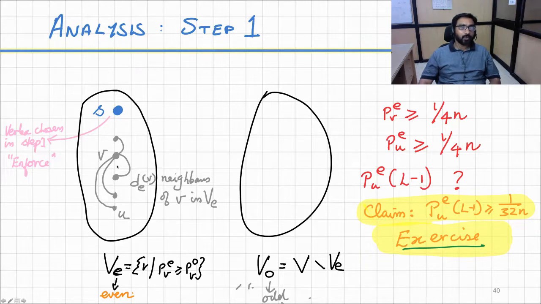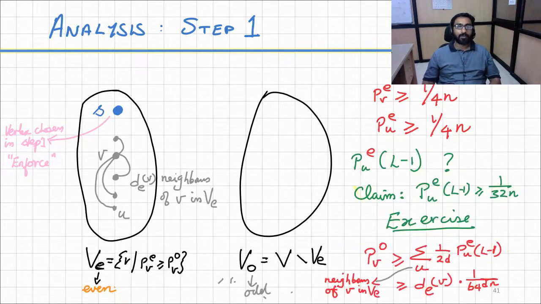And we've reached U with a walk length that is of even length up to U, which means that with 1 over 2d probability we will step into V, and by doing so we would have reached V with a walk length that is odd. So that gives us therefore a bound for this probability PVO.